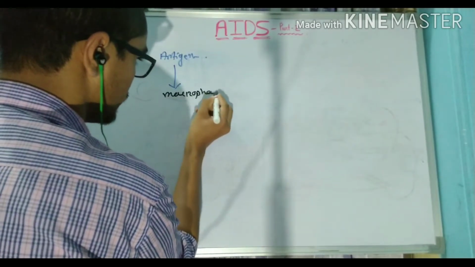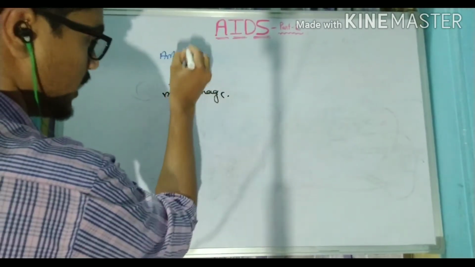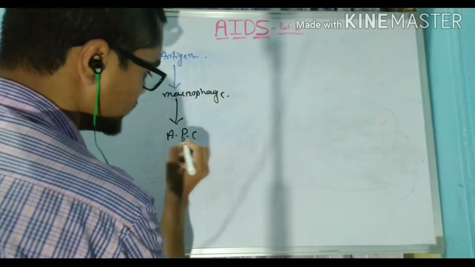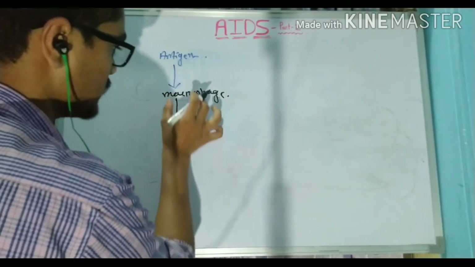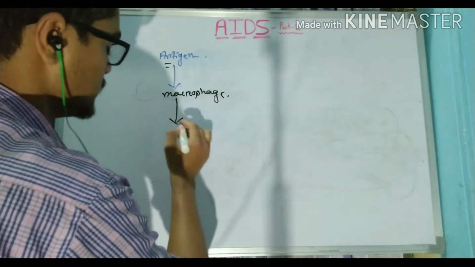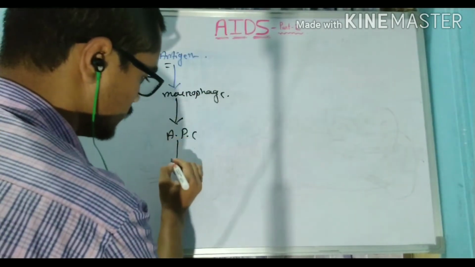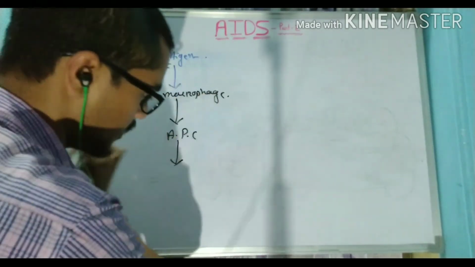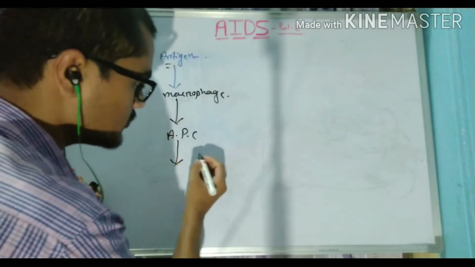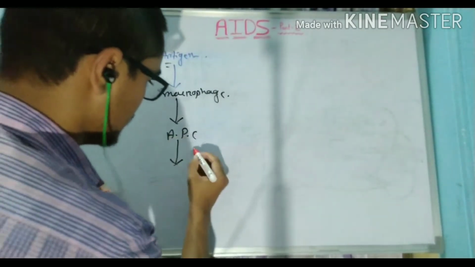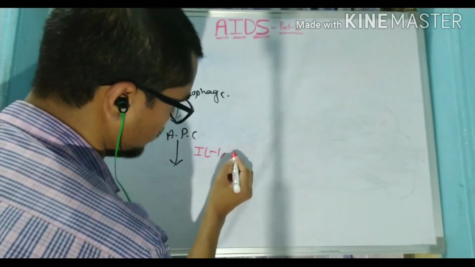The function of the macrophage is to engulf this antigen, and after that the macrophage converts into the APC, that is antigen presenting cell, because right now the macrophage is presenting the antigen. As soon as it becomes an antigen presenting cell, it starts to secrete special factors known as interleukin 1 and interleukin 6.